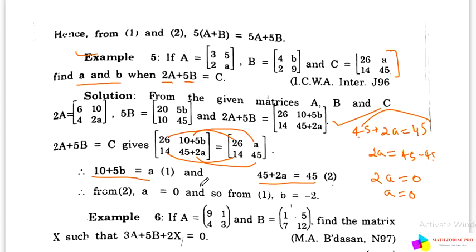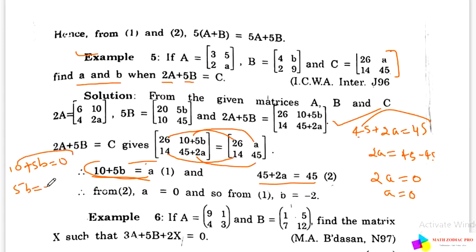Okay, and substitute the value A equal to 0 here. So 10 plus 5B equal to 0. Then 5B equal to minus 10, this 10 coming from the right side.